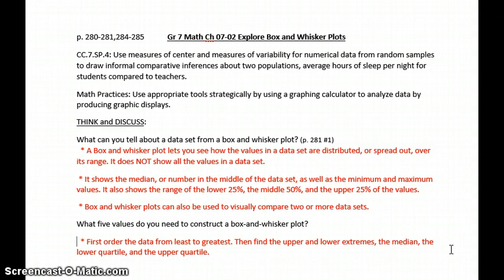Find the median, again the number in the middle of the data set, as well as calculate the lower quartile, which is the median of the lower half of the data set, as well as the upper quartile, which is the median of the upper half of the data set.